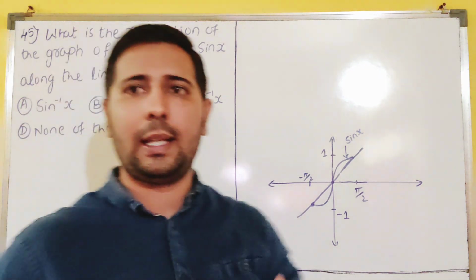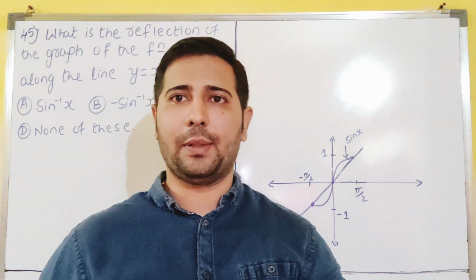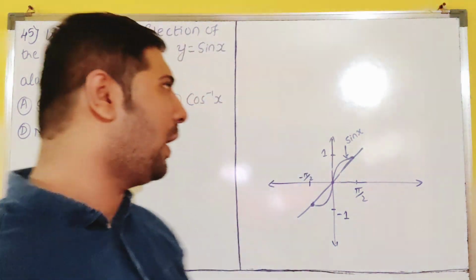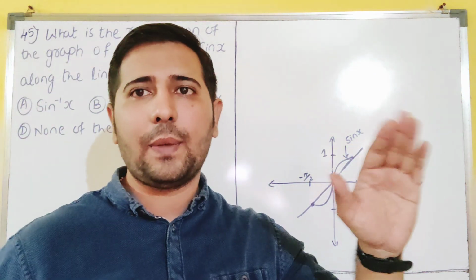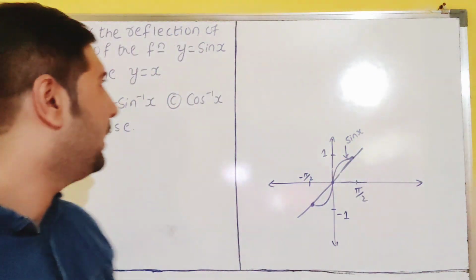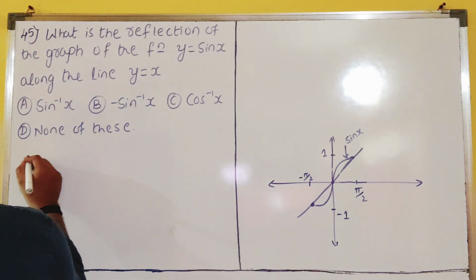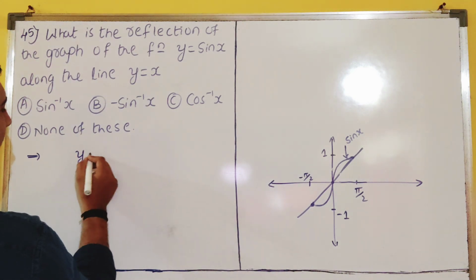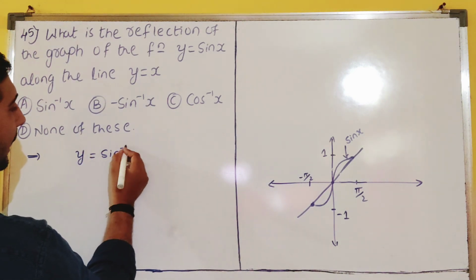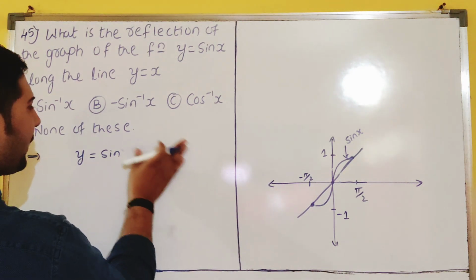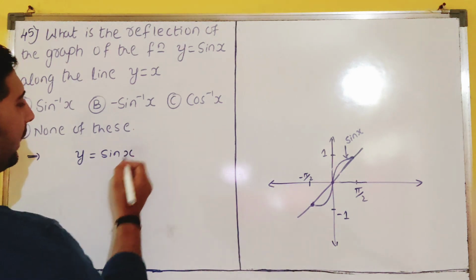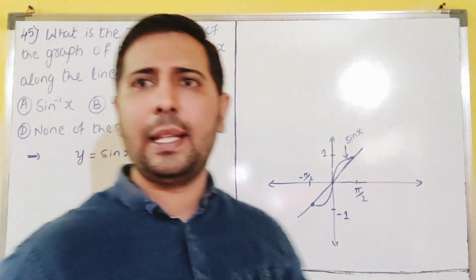Reflection means what? Image. They are asking image is nothing but what? Inverse of the function, dear students. Here, in this case, inverse I will find in one-one and onto function. Invertible functions will do, no? Will you agree?